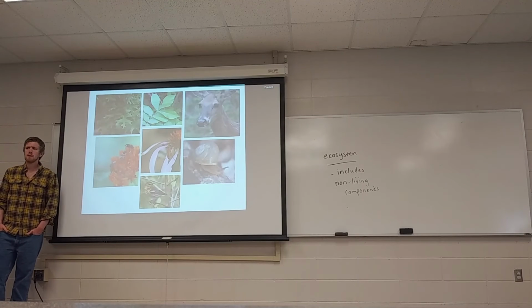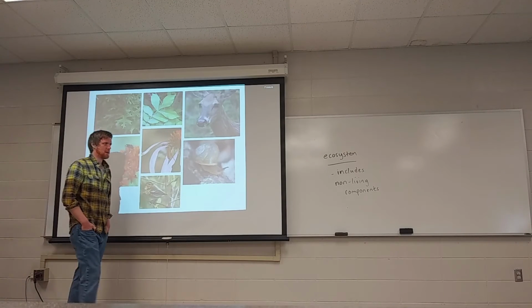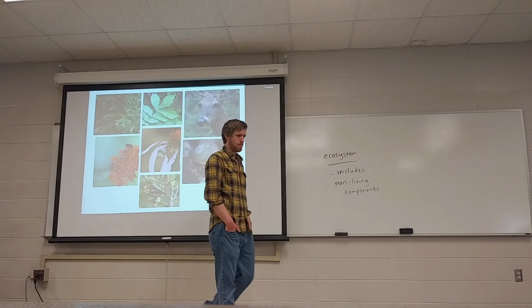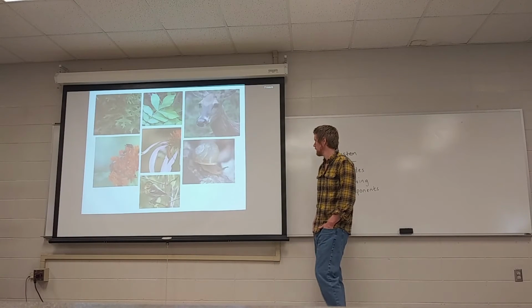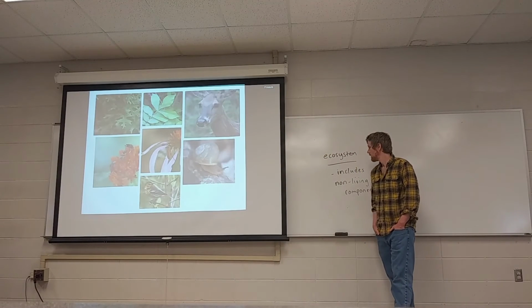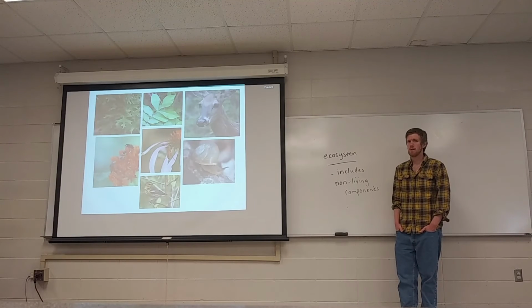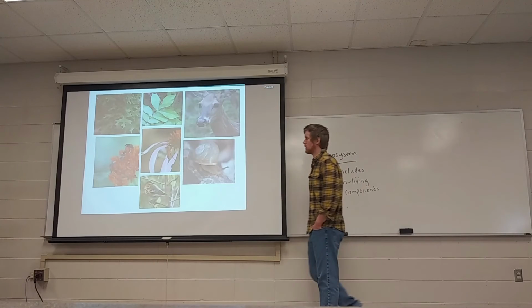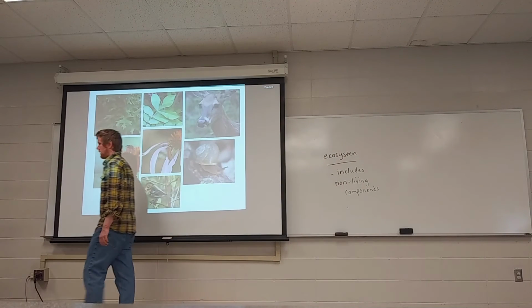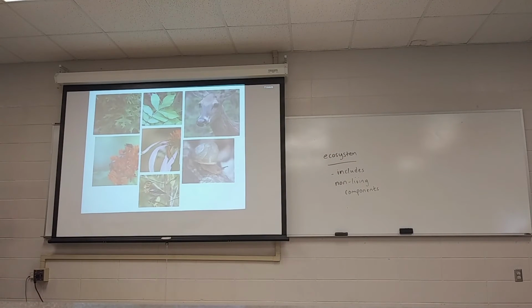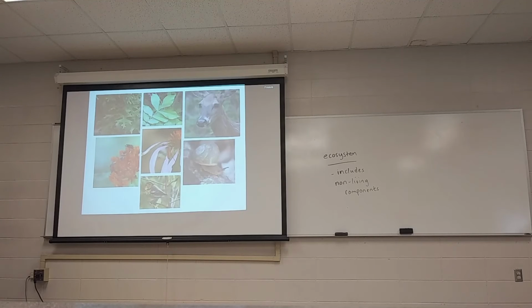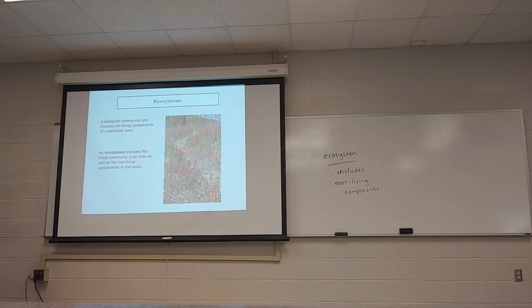What are some things that impact life in that particular ecosystem? How about precipitation, temperature, soil type, fires, things along those lines? So an ecosystem includes the living community of a particular area as well as the non-living components of that area.